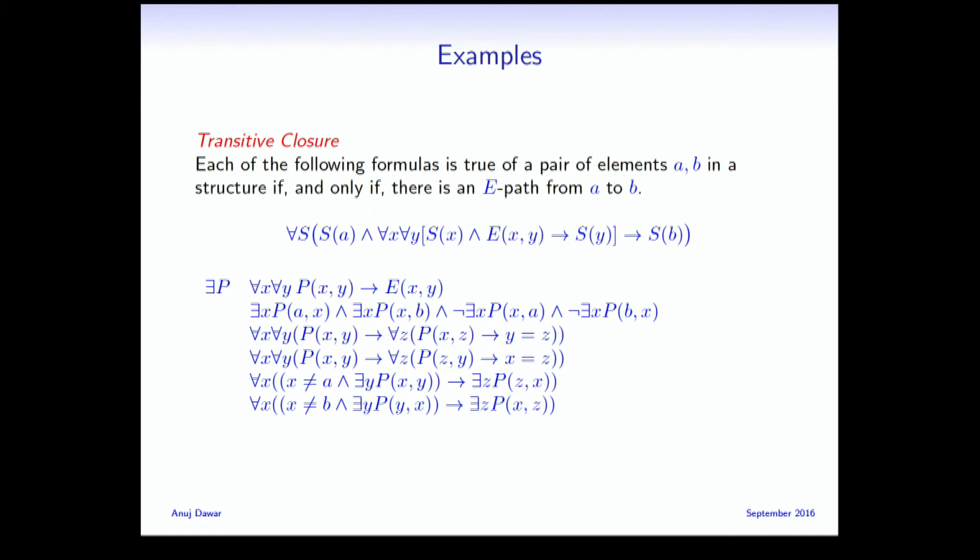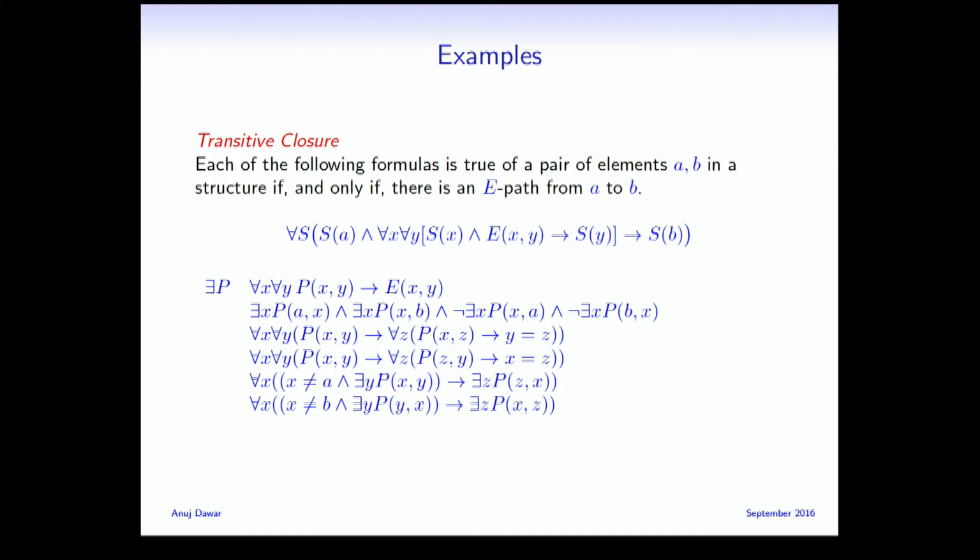What does this say? I want to say there's a path from A to B. So I say there's a set P, and it's a set of edges, right? That's what this says. But I can't say it's a path in first-order logic. But these are first-order conditions which guarantee that P contains a path.